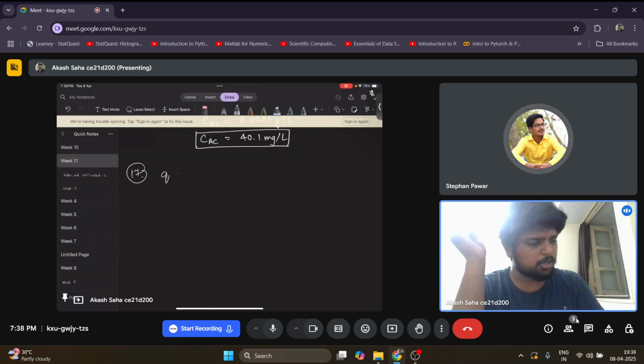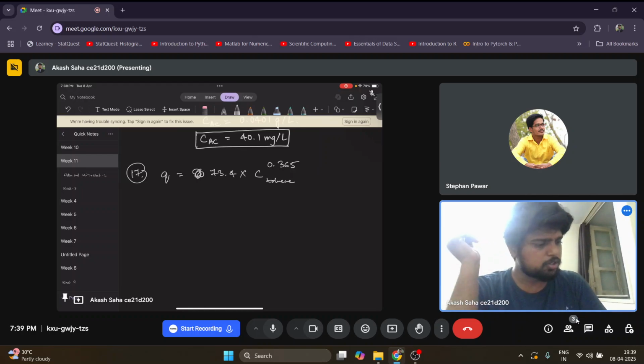So for the adsorption capacity, Q is equal to 73.4 into C toluene to the power 0.365, right? That will be equal to 73.4 into 0.02 to the power 0.365.